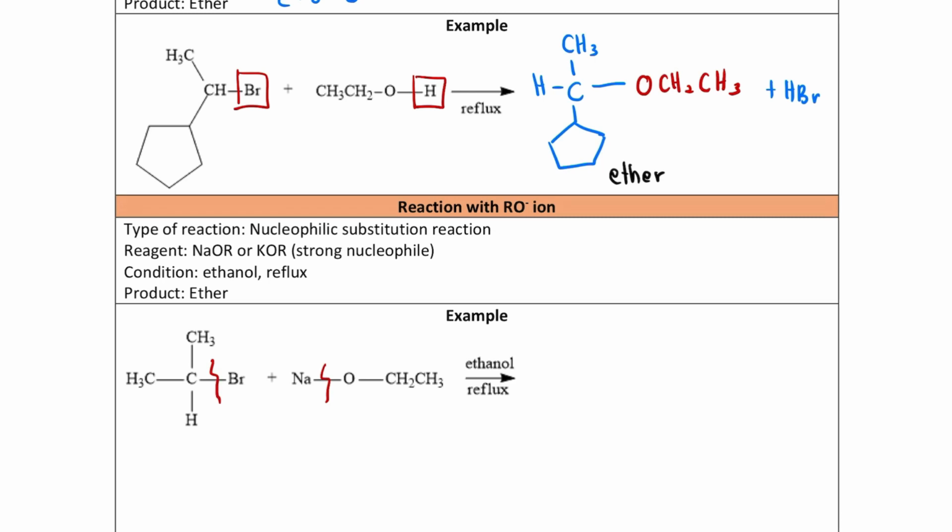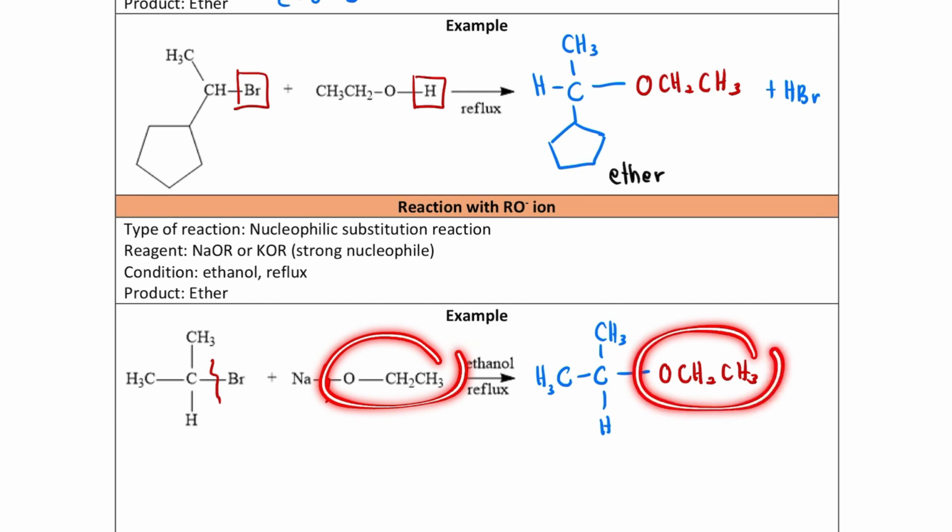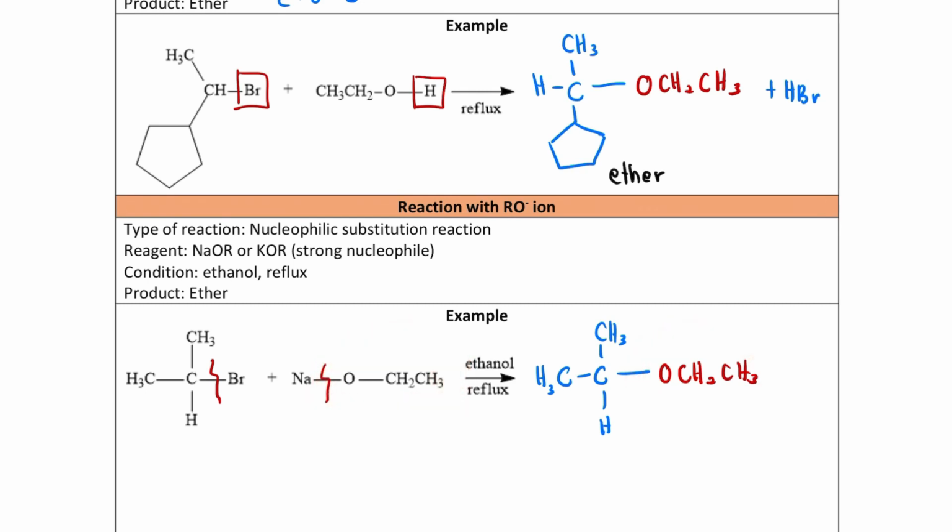So produk kita akan jadi CH3CH3, H, and then attached to O, CH2, CH3. So O, CH2, CH3 ni datang dari nucleophile ni lah. So COC, this is again ether. And our side product will be NaBr.